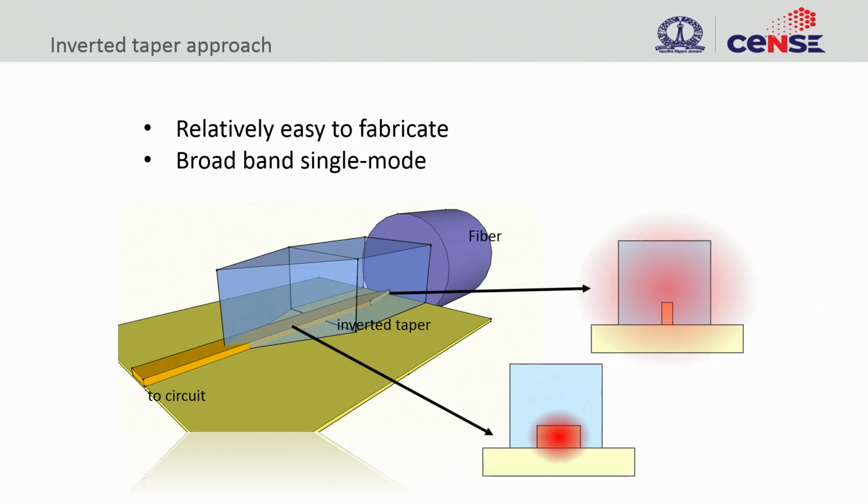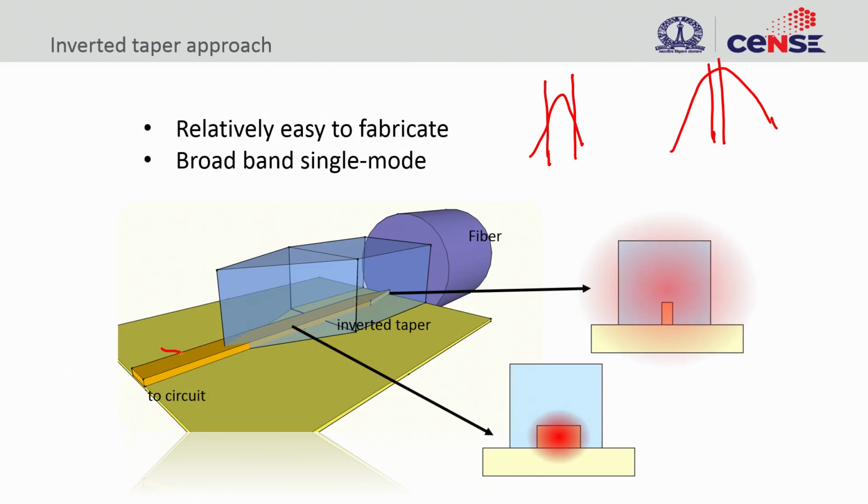So, people have used what is called an inverse taper, right, and this is again coming from our waveguide understanding. When you have a symmetric waveguide, you will always have a mode, right. Even when the mode is very narrow, you will have a mode propagating, and this is exactly what we do.